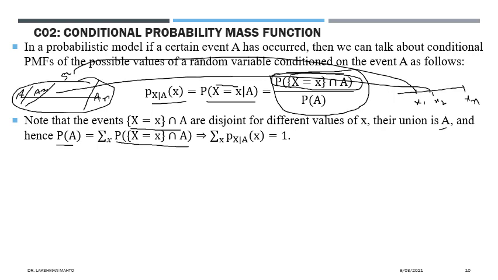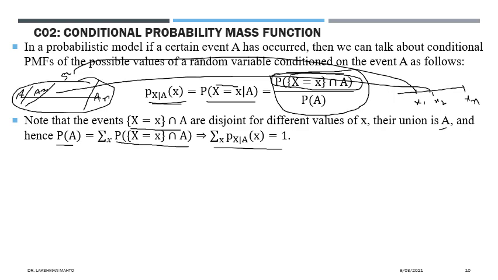If you do the summation over all x, that means varying all x, it simply converts into the probability of A, and in the denominator we have the probability of A. Both cancel out, and hence in total, if you vary all x, this conditional probability satisfies the normalization condition. The total probability equals 1 if you sum over all x.